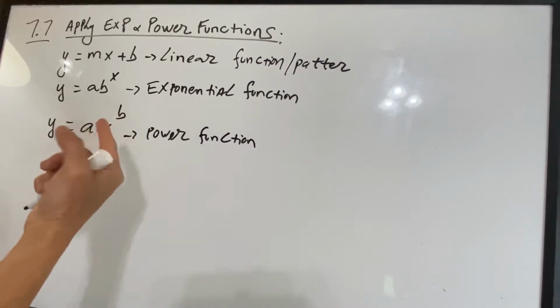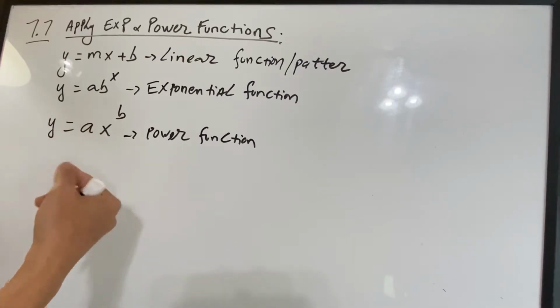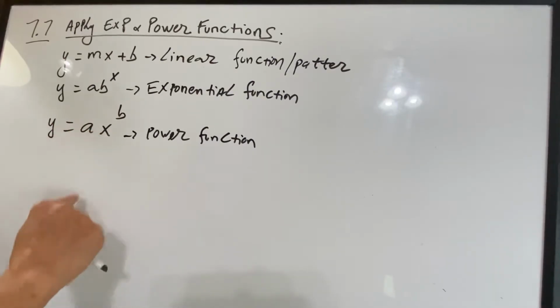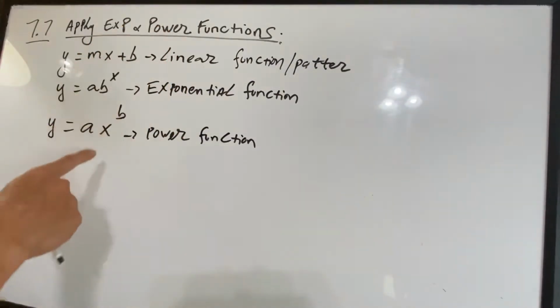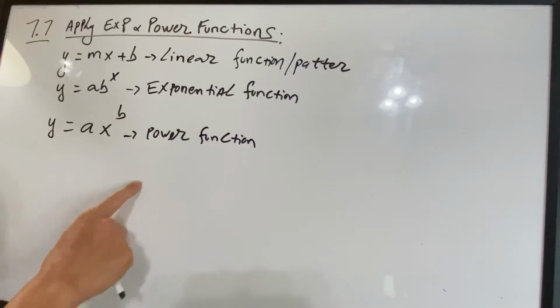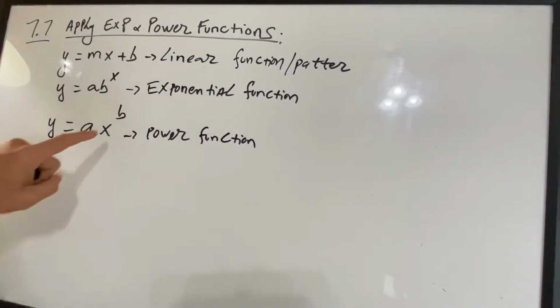If b is even, then you have, that's right, a parabola. And if it's a higher even degree, like 4, it could be decreasing and then increasing, concave up. So this could be increasing or decreasing. It depends on the value of the exponent b, and that's the power function right there.